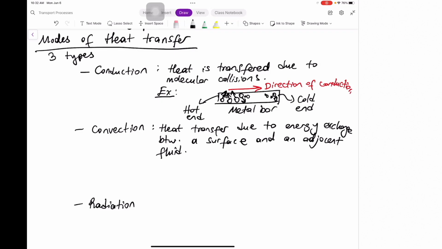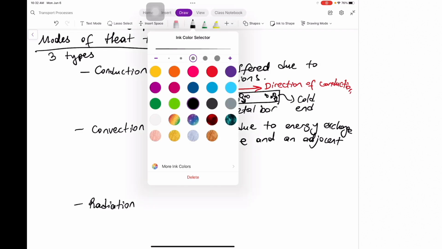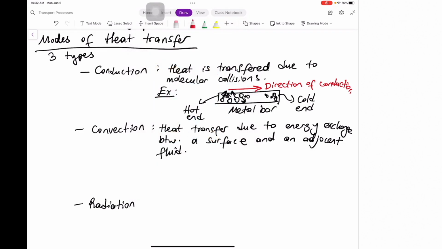So an example is, imagine that you have a surface like a table, and you have air here, and imagine that the surface is cold and the air is hot, and you're heating the cold table with the hot air. This is called convection.